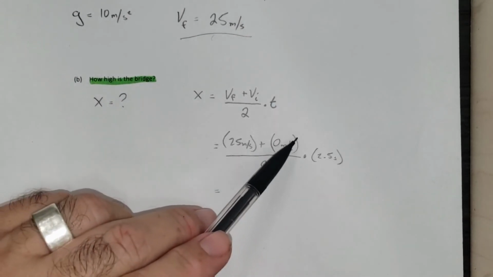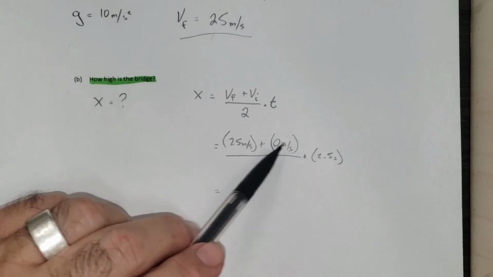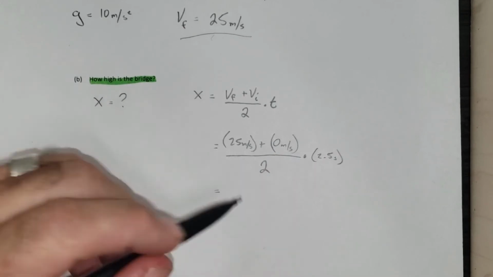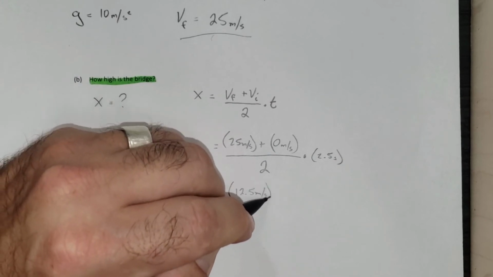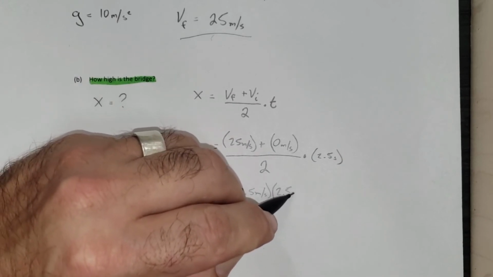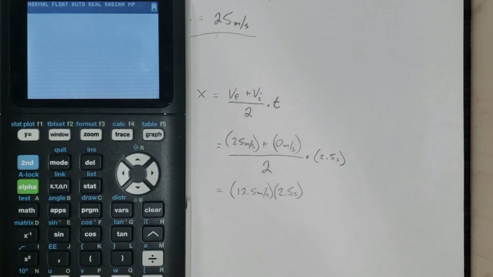So multiplying through, the v sub I at 0 disappears. So 25 divided by 2 is 12.5 meters per second, multiplied by 2.5 seconds. If we bring through our calculator, we can see that 12.5 times 2.5 is 31.25.